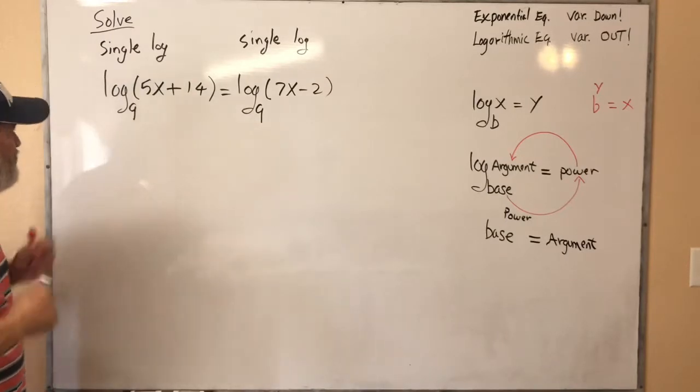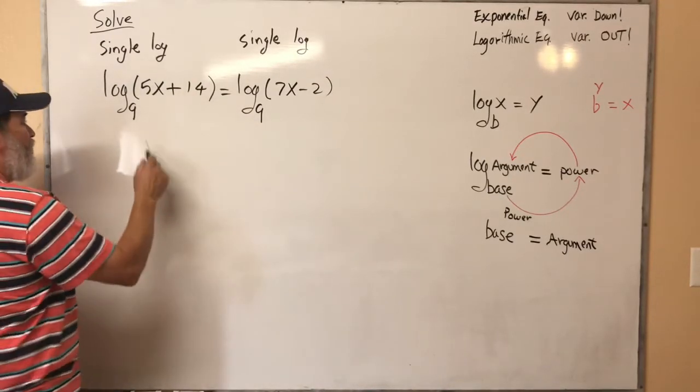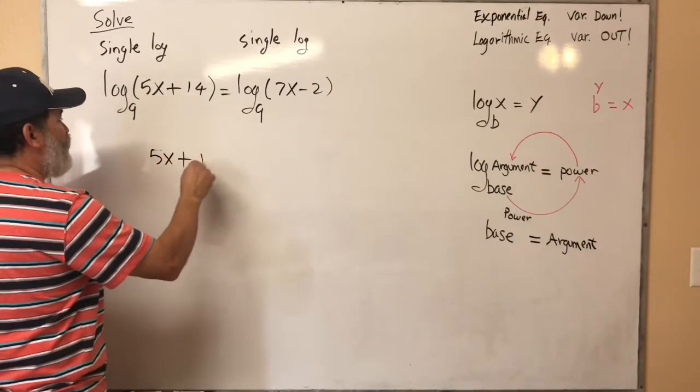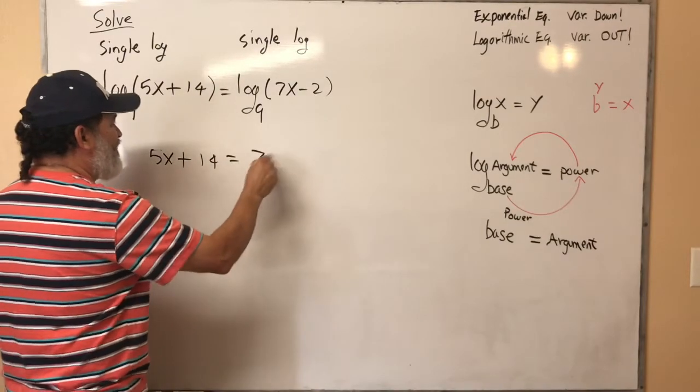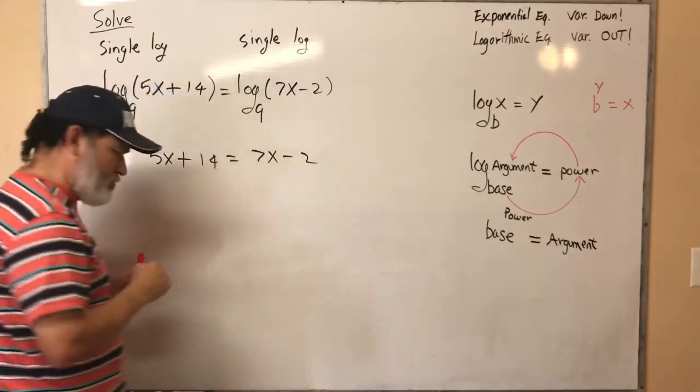So, conclusion, 5x plus 14 equals 7x minus 2.